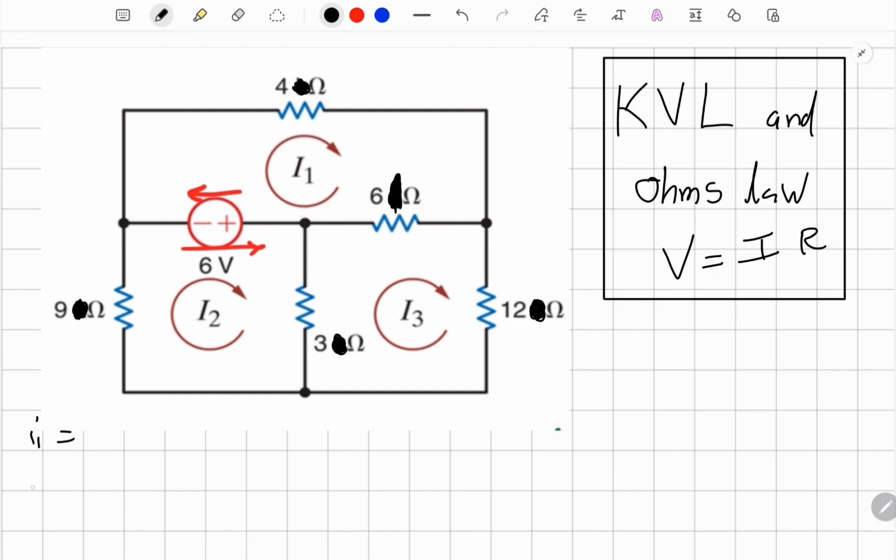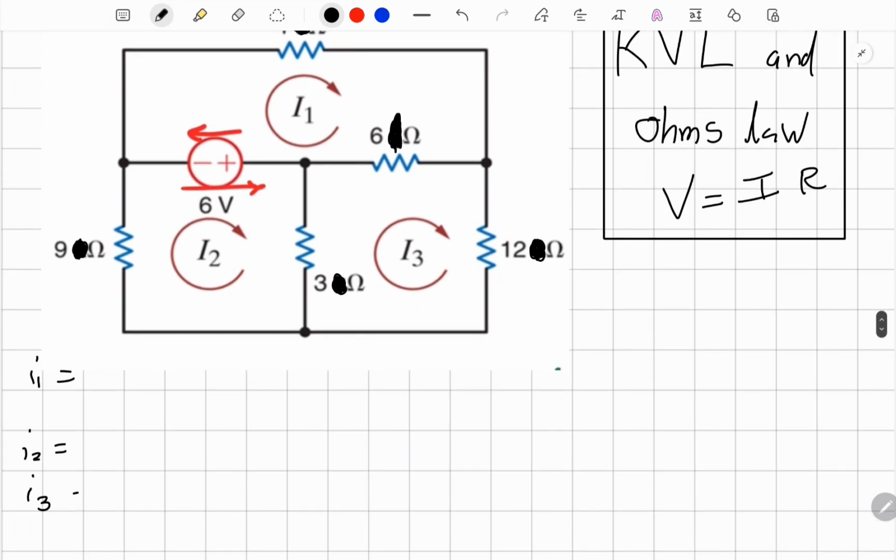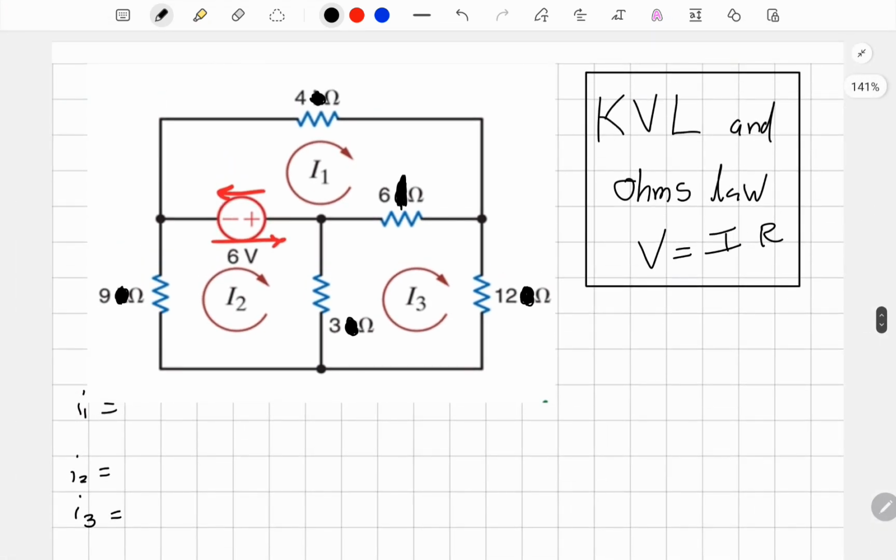I1 equals, I2 equals, and I3 equals. We're actually not given any of the mesh currents, so I'm going to write question marks for all of them.